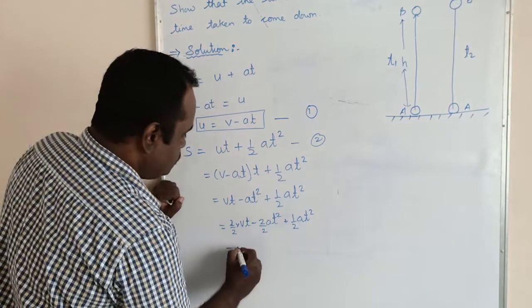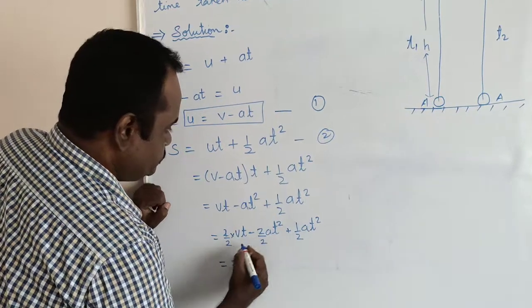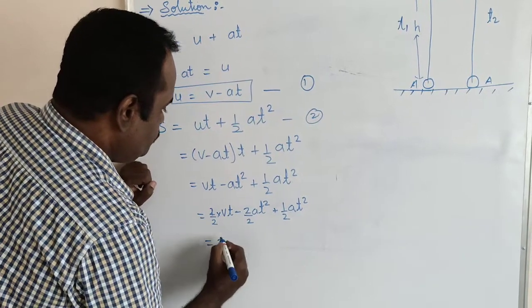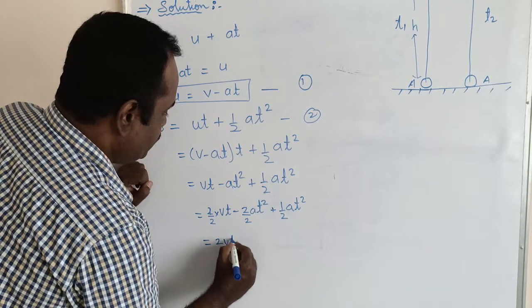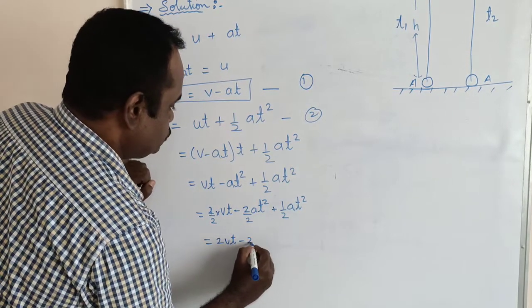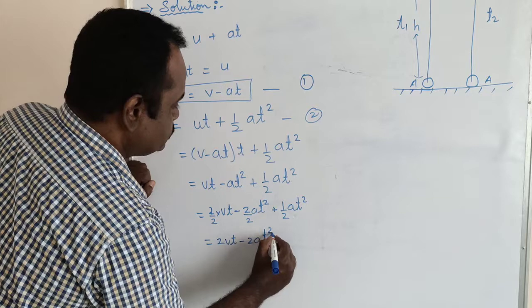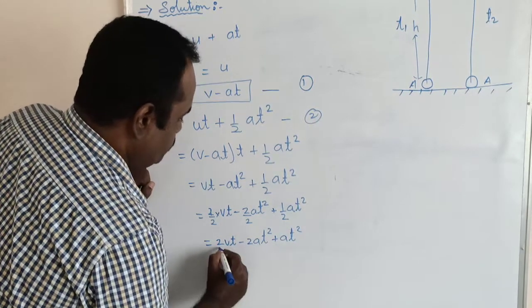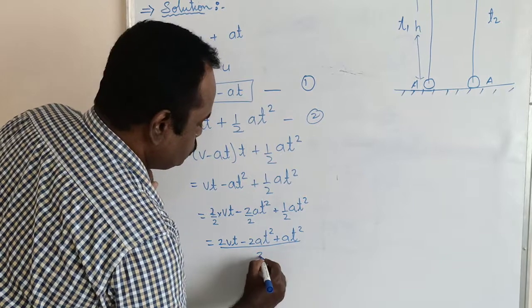All the denominators are the same, so 2 is common. Here 2vt minus 2at square plus at square upon 2.